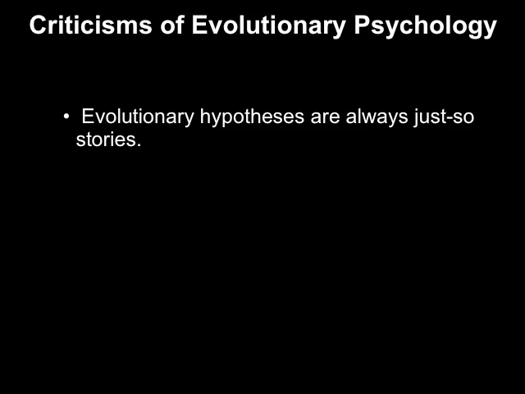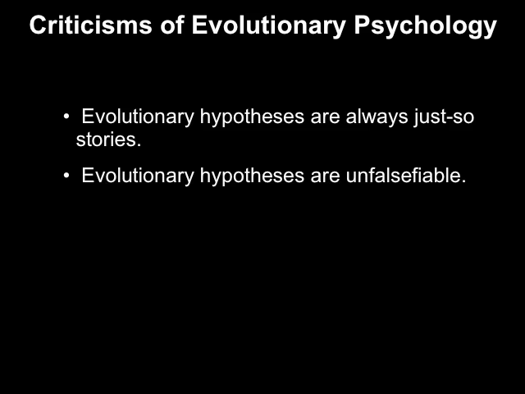We would predict that people with lower levels of jealousy would have partners who leave them sooner or more often, or that they might have fewer children, although that might be modified by our current environment where people have very few children anyway. But you can come up with hypotheses and predictions based on your evolutionary hypothesis, your just so story, and see if they're right or not. And if they're not right, then you've falsified your hypothesis.